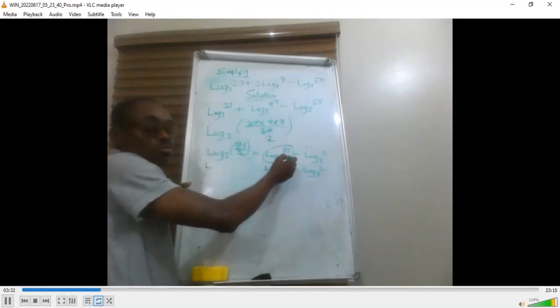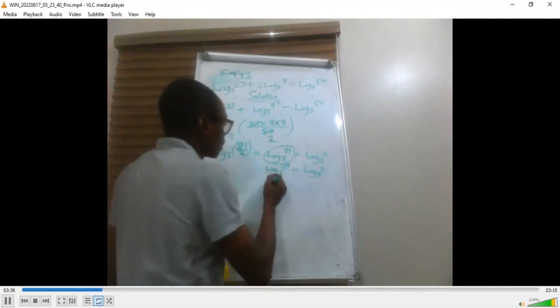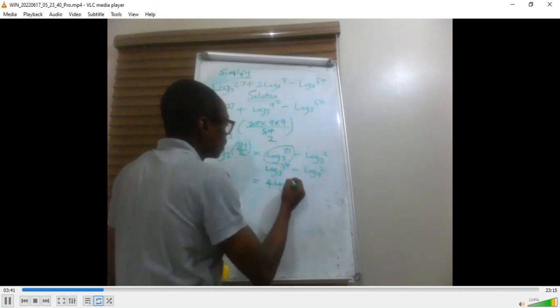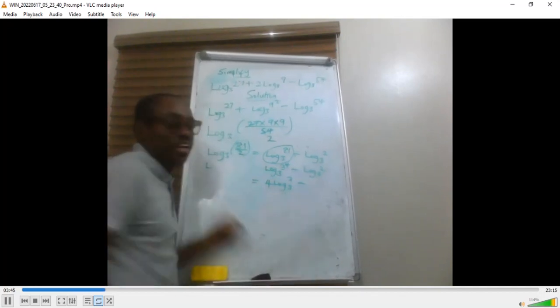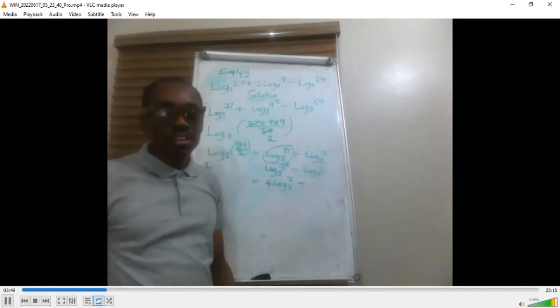So you move the 4 in front, and you have 4 log 3 base 3.